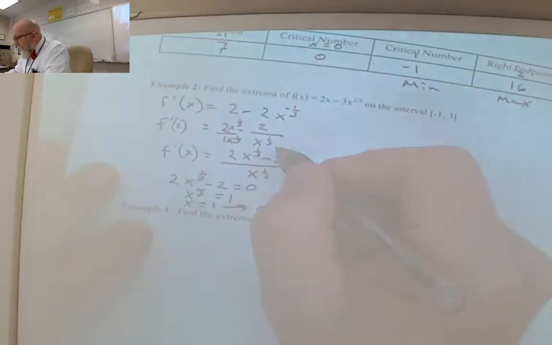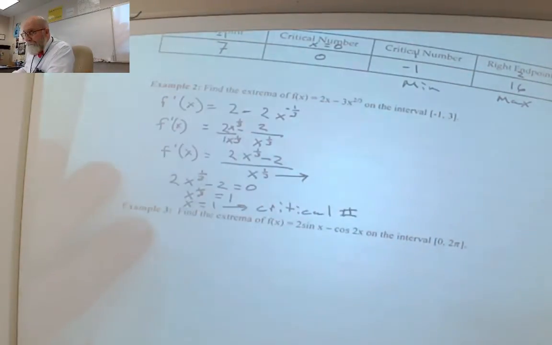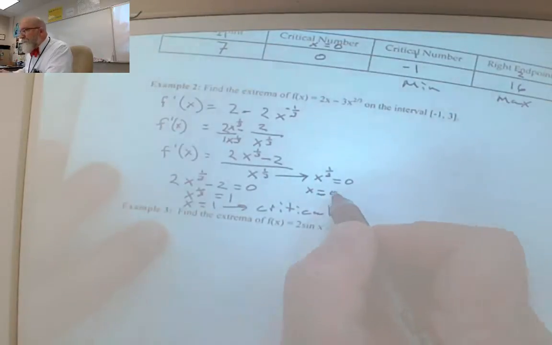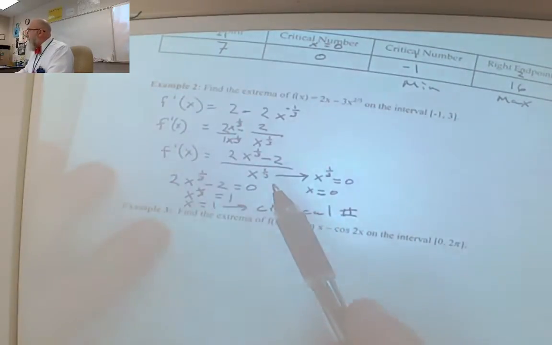Now, I can get critical numbers from the denominator also. And I'm going to let that equal 0 also. And I get 0. Why do I let the denominator equal 0? Because if my absolute max or min is a sharp point, it's going to come from the denominator.